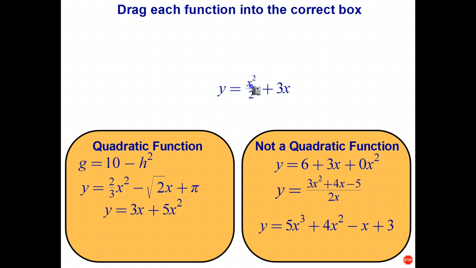And this one looks a little bit tricky because we've got a fraction, but you could write x squared over 2 as 1/2 x squared. So you can actually write that with a coefficient of 1/2. So that's okay. B is equal to 3, c is equal to 0 because we don't have a constant term. So that one is a quadratic function.